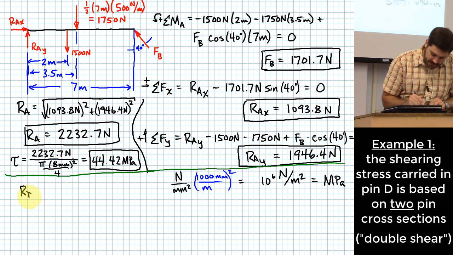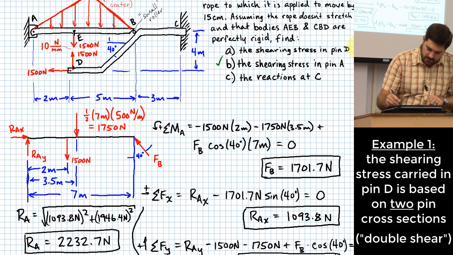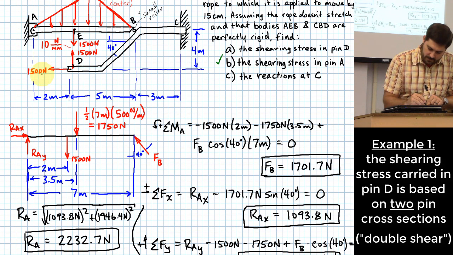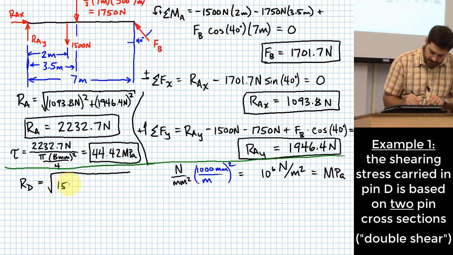The reaction at D is going to be equal to the square root. What were the forces at D? 1,500 and 1,500. So we'll do 1,500 newtons squared, and I just have 2 of those, right?